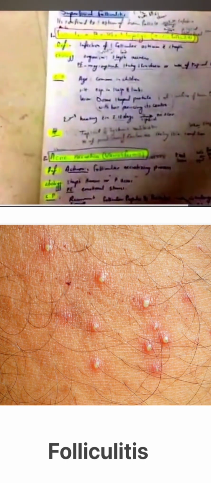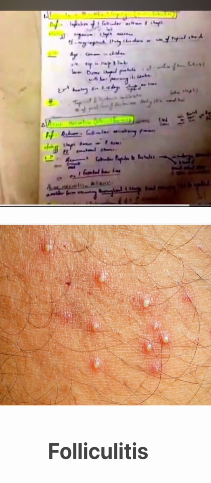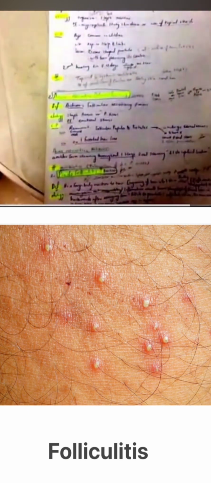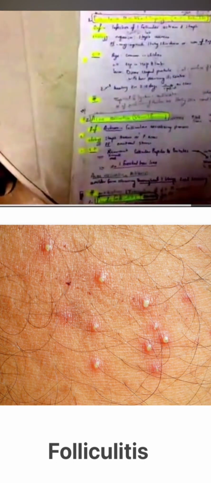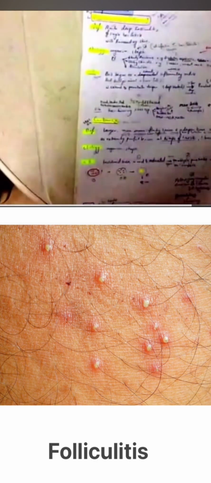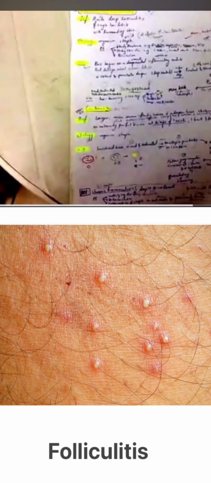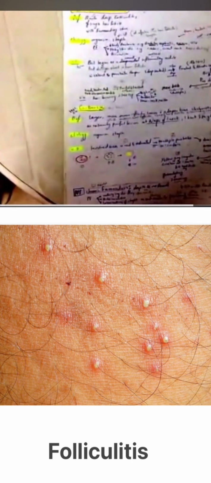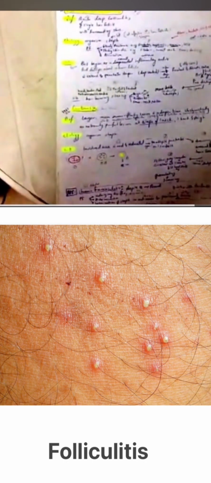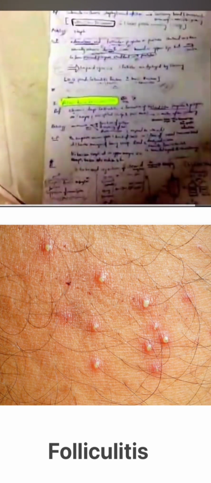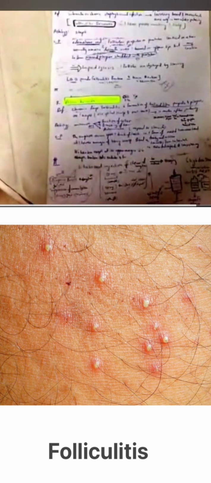All are caused by staph and treated with anti-staph treatment. The deep folliculitis acute forms are furunculosis, the boil, which is acute deep folliculitis of a single hair follicle, and the carbuncle, which is acute deep folliculitis of multiple hair follicles, and also the chronic forms of deep folliculitis, which are sycosis barbae and acne keloidalis nuchae.